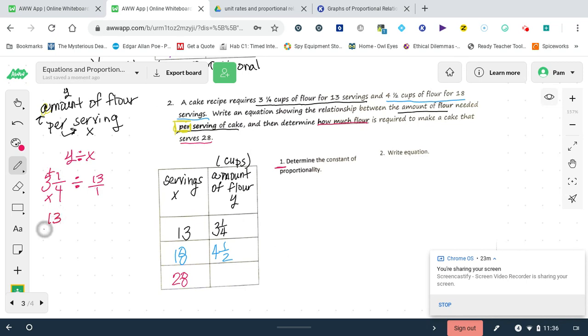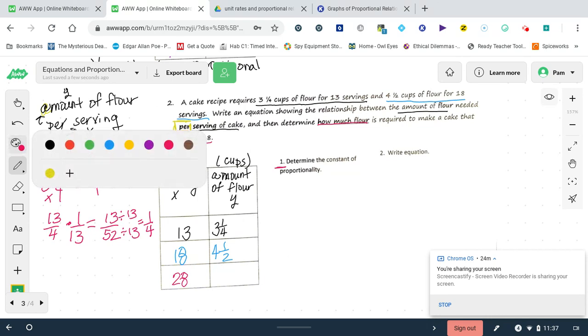That's 13/4 times 1/13. So I end up basically with 13 over 52, sorry. And I can divide both of these by 13 if I want to simplify. So I end up with 1/4. Now you could have just canceled those two 13s out and then been left with 1/4 if you wanted to cross cancel.